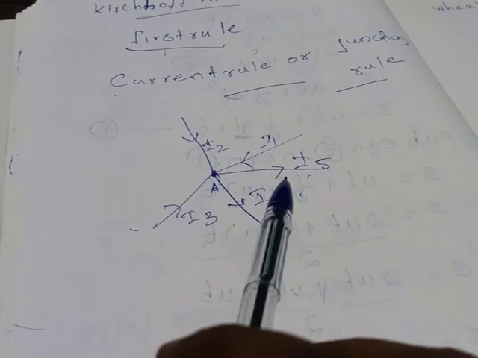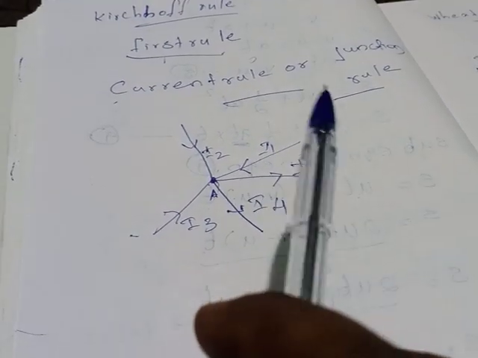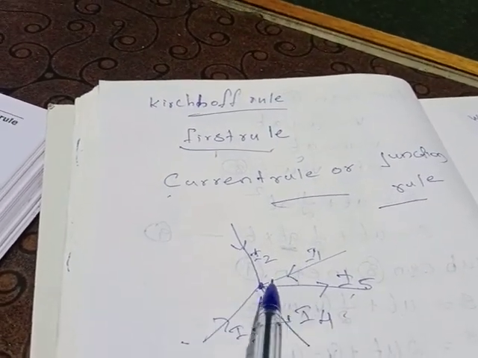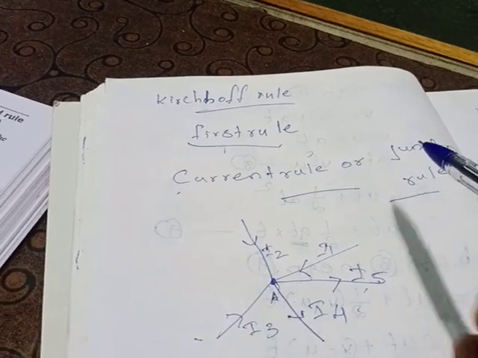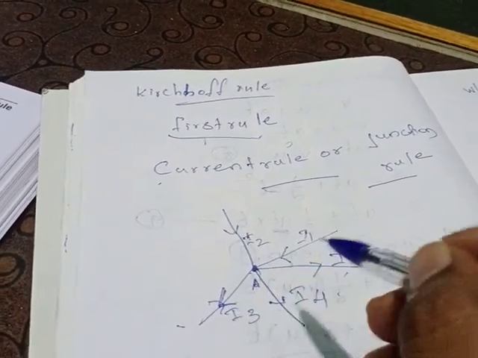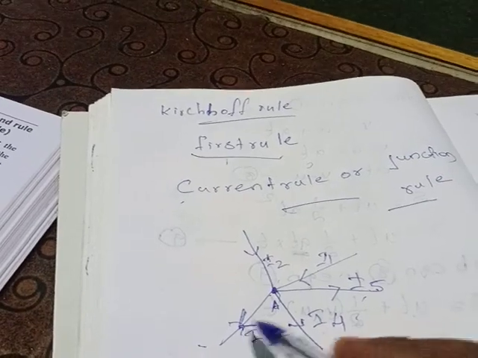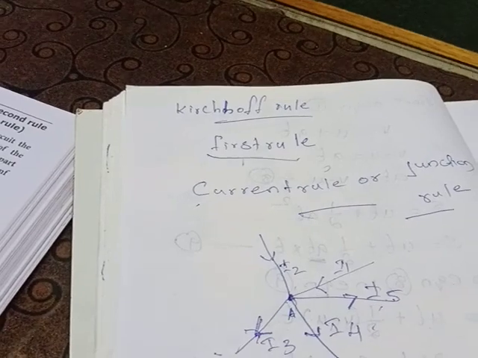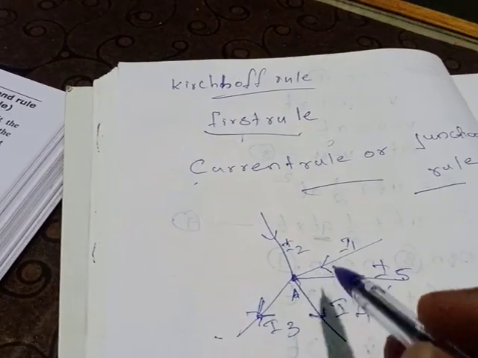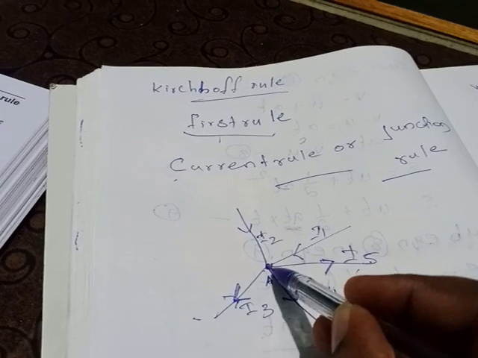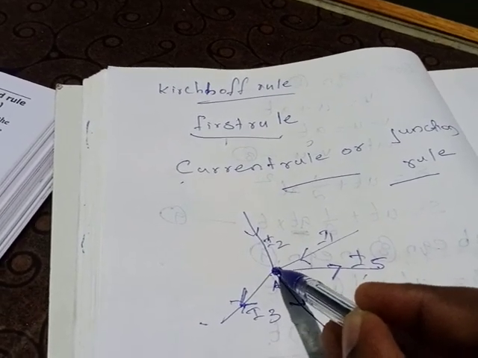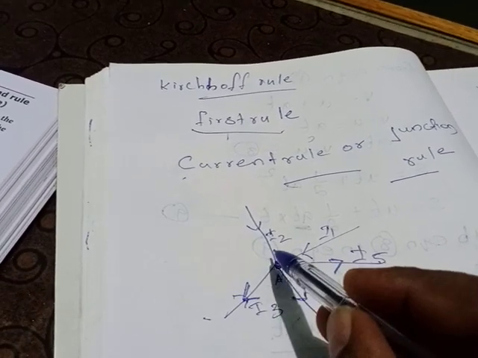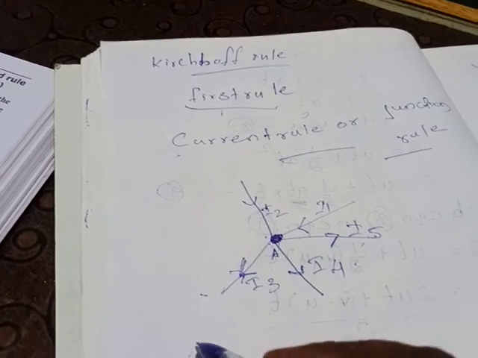So here I1 is coming towards the junction, I2 is coming towards, I3 going outward, I4 going outward, I5 going outward. So the sum of the current reaching at any junction is 0. That is Kirchhoff's first rule.